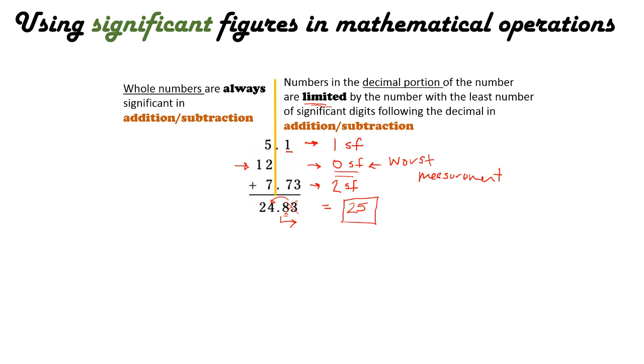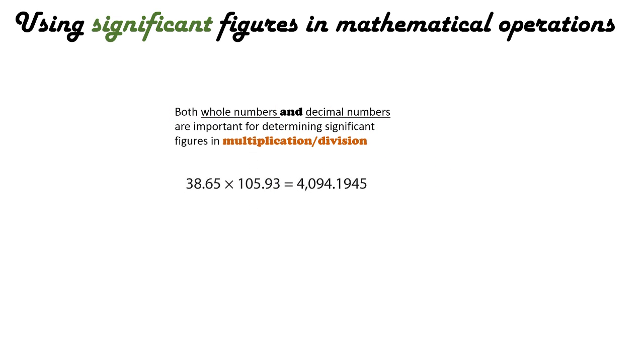It's different in multiplication and addition, right? We're still going to be limited by the weakest measurement, but when we do addition and subtraction, it's different. If I were really going to multiply 38.65 by 105.93, the way we do that is to multiply each digit by each digit.